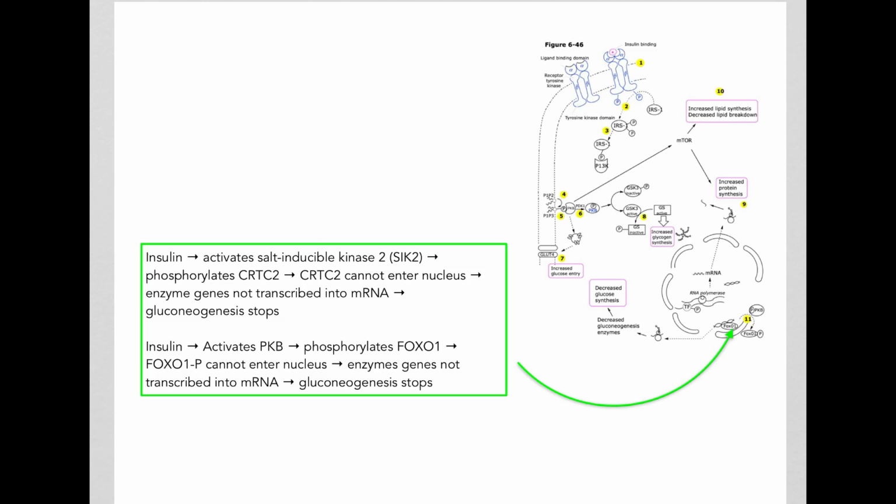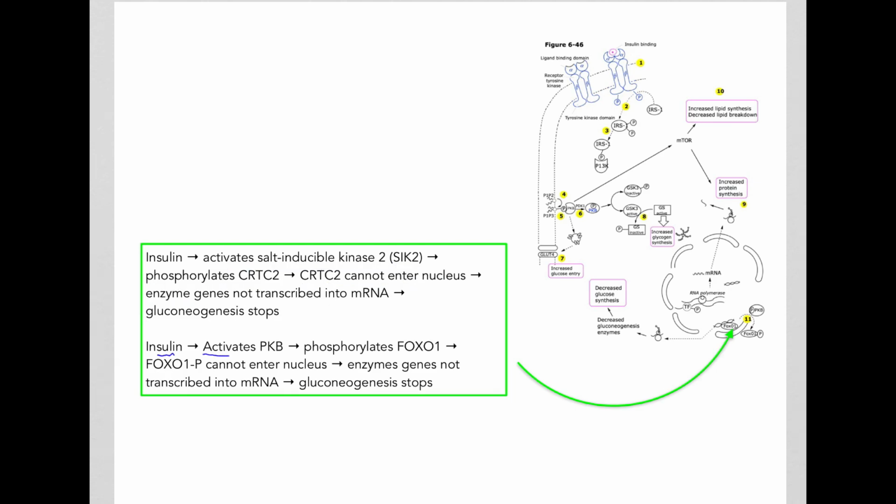For example, insulin activates a protein called salt-inducible kinase 2, or SIK2. This protein then goes on to phosphorylate CRTC2. Phosphorylated CRTC2 cannot enter the nucleus from the cytoplasm, which means the gene for gluconeogenesis is not transcribed into mRNA, which means gluconeogenesis enzymes are not available, thereby stopping gluconeogenesis.